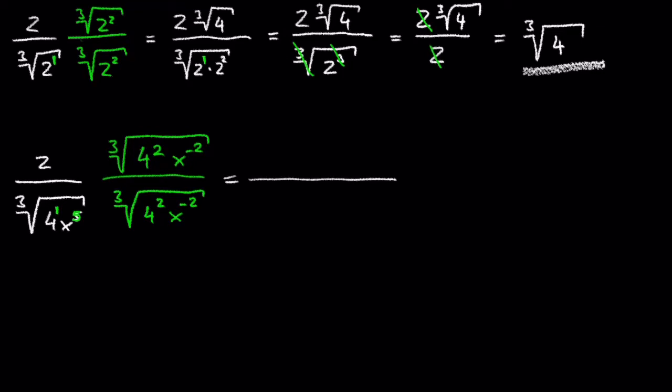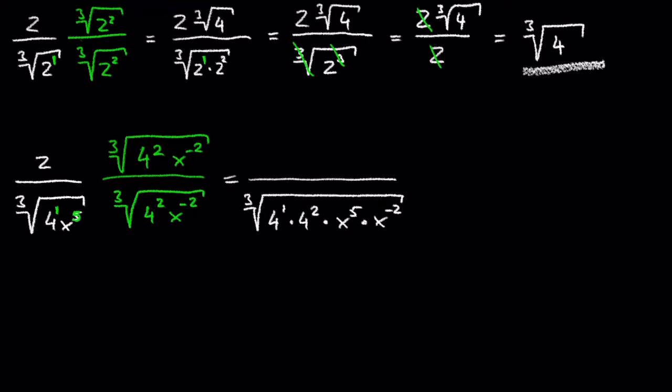After applying the multiplication law for roots, we get the third root of 4 to the 1 times 4 to the 2 times x to the 5 times x to the negative 2.